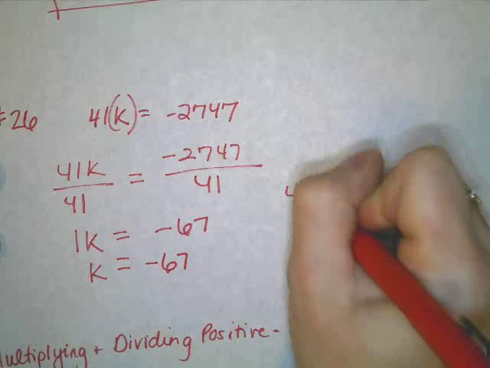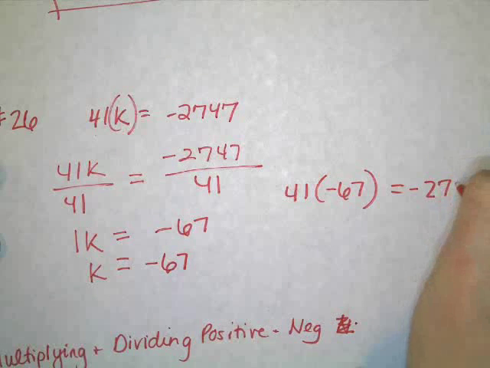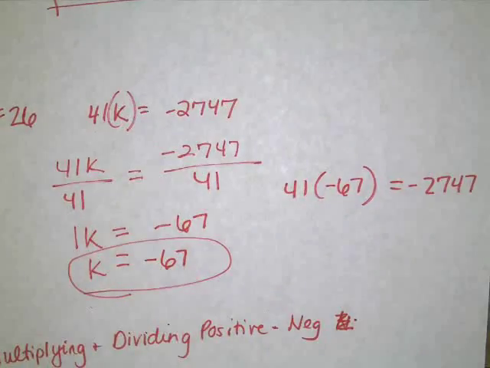So is 41 times negative 67 equal to negative 2,747? Yes or no? Someone? Yes. All right, so we know we got it right, so we can circle it. That's one-step equations. Anybody have questions on the one-step equations?